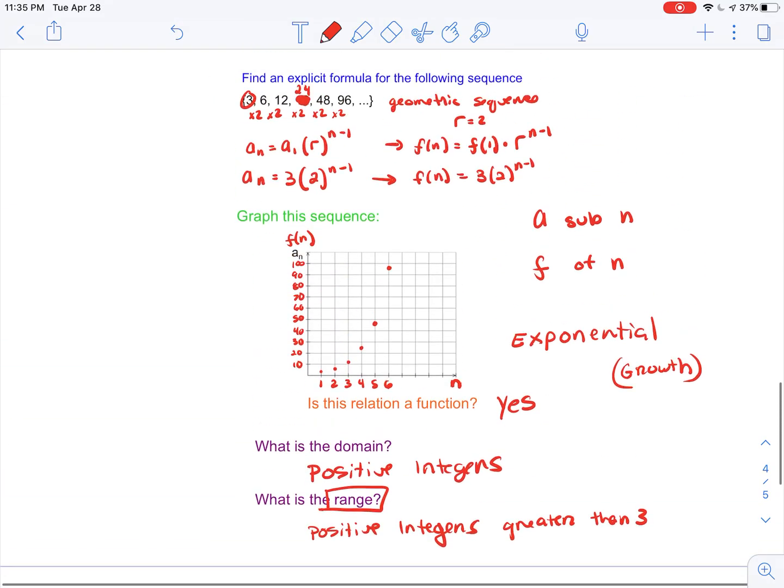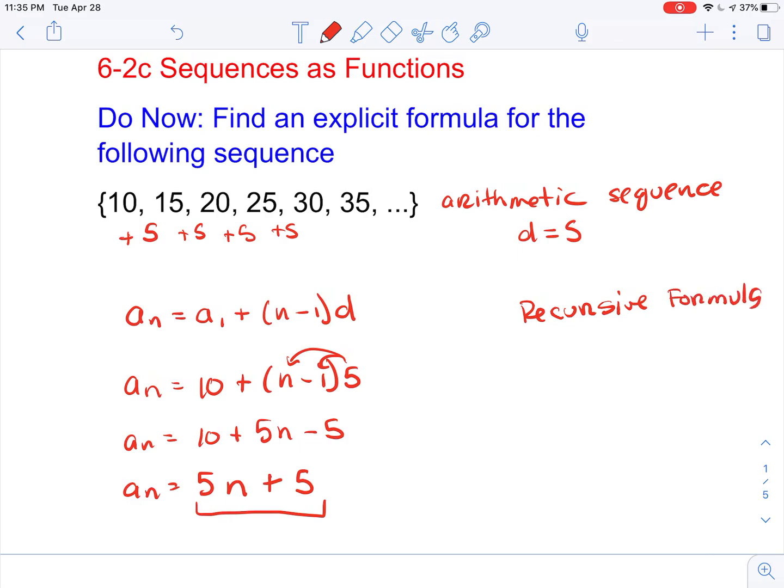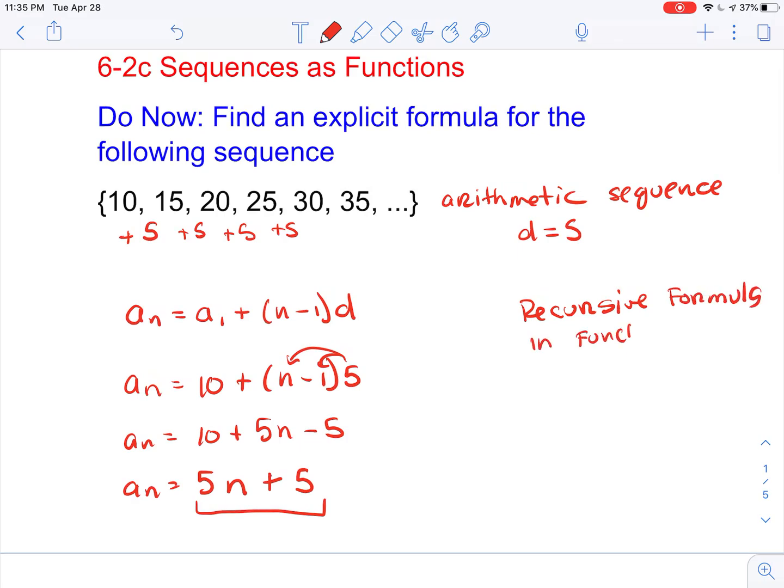So if we go back to the original, if we're looking at this, could we write this as a recursive formula in function notation?